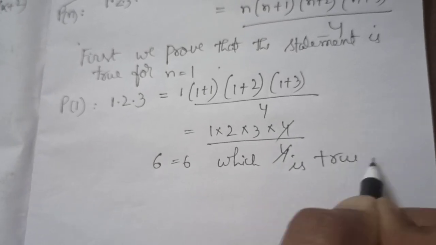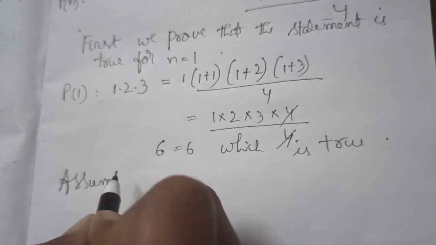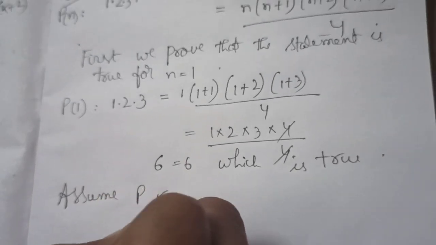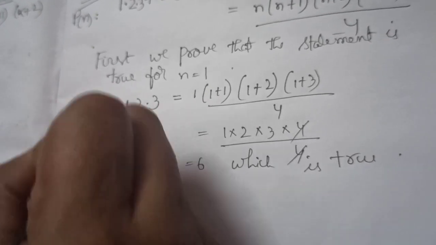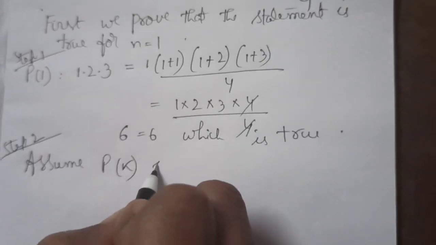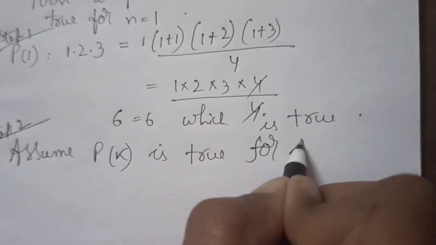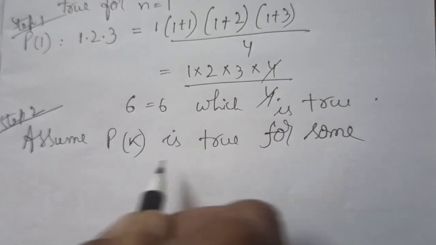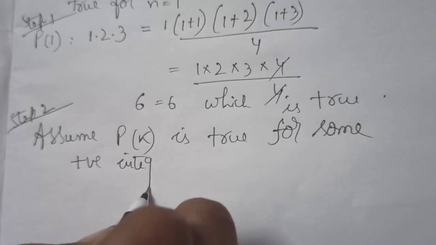Now assume in your step 2, assume P k is true. This is your step 2, and this was your step 1. In step 2, assume P k is true for some positive integer k.